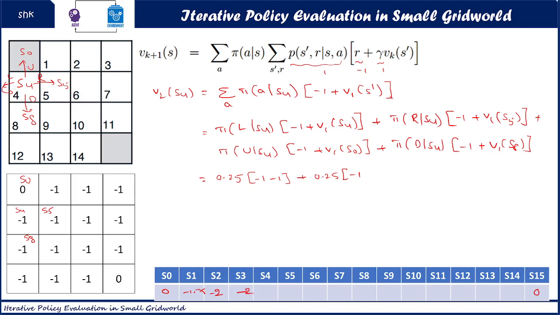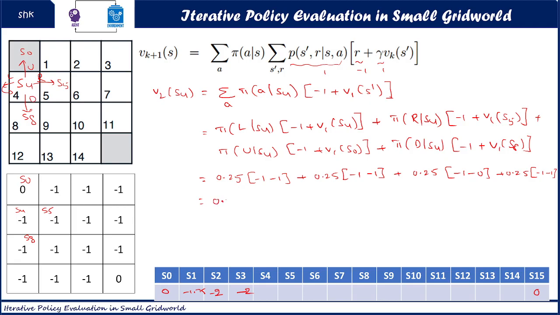So what is V1 of S5? It is equivalent to minus 1. Next, the probability is 0.25 for up action, minus 1 plus V1 of S0. Now V1 of S0 is equivalent to 0, substitute this as 0, plus 0.25 into minus 1 plus V1 of S8. So what is V1 of S8? V1 of S8 is equivalent to minus 1. So this will get as minus 1.